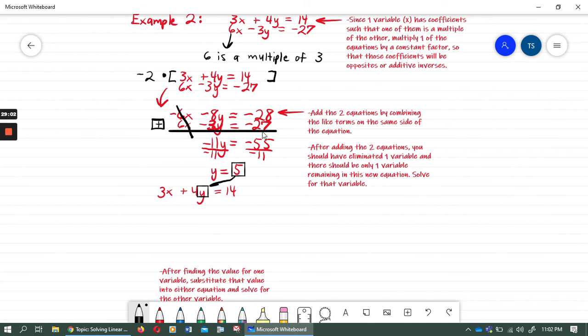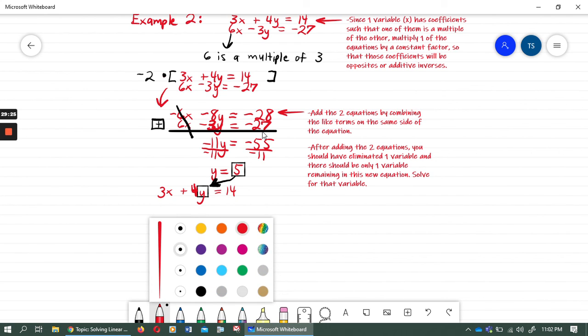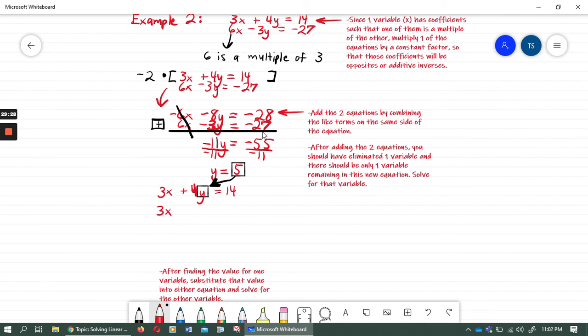So for this we've got 3x, we still have the plus 4, and instead of writing y, we're replacing that with the value 5, and the rest of this equation still says equals 14.